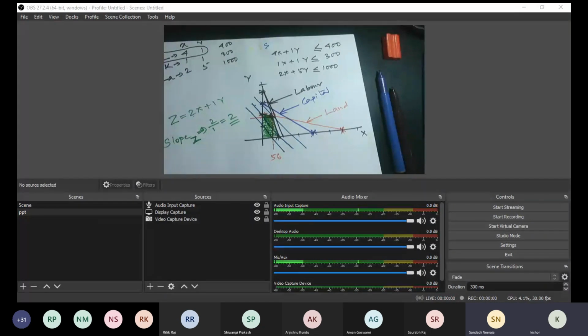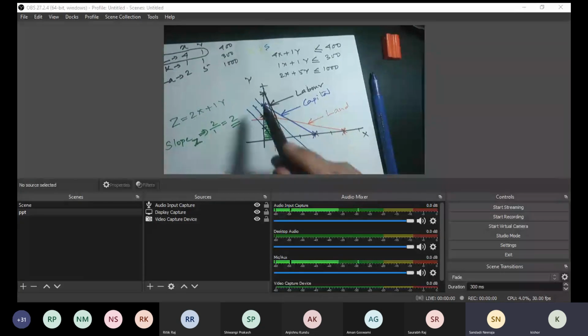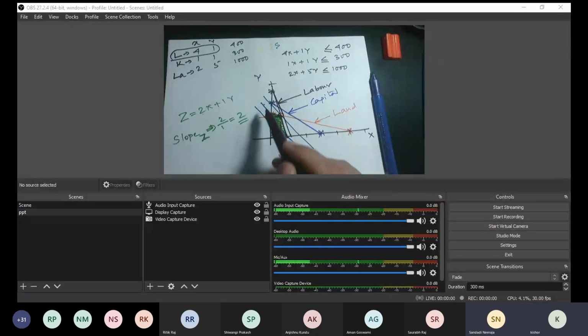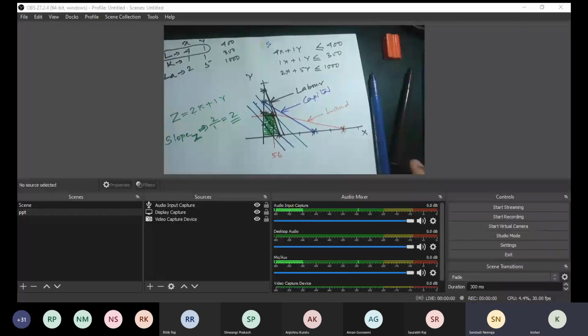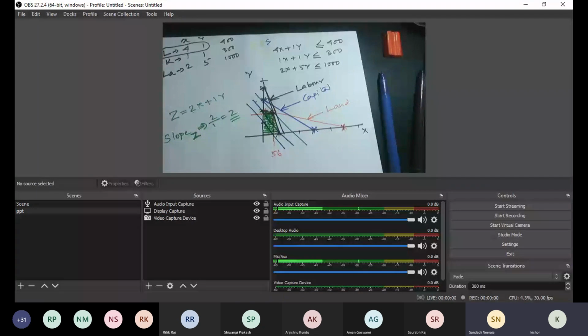See here, this is the line which was having a slope of 2/5. This was having a slope of 4. This is having a slope of 1 because both sides 3 blocks. You see, here it is 2, and this side is 5. In that way, we drew it. Okay. Same thing we are just discussing now.